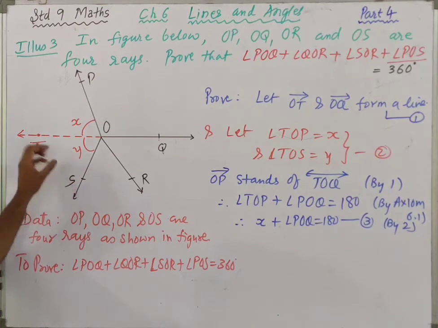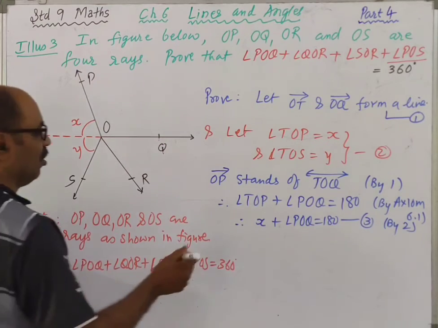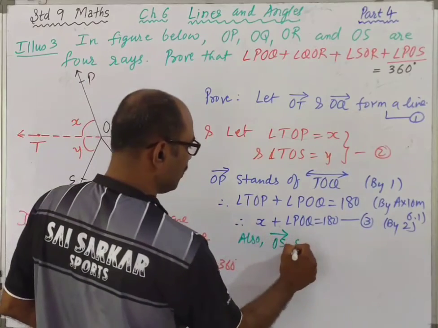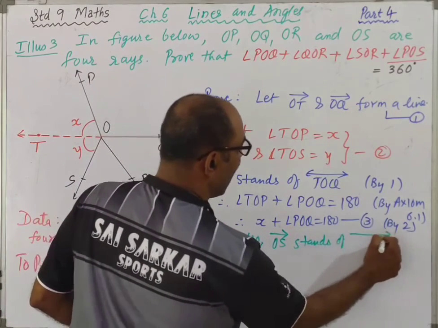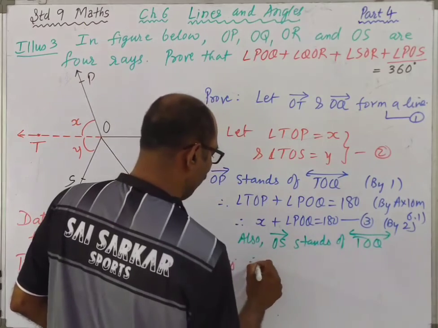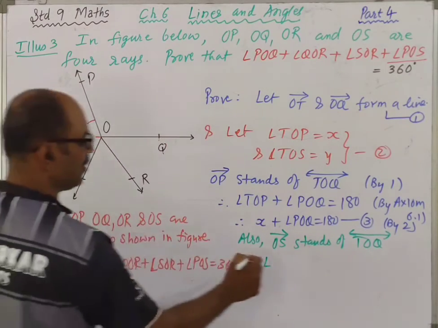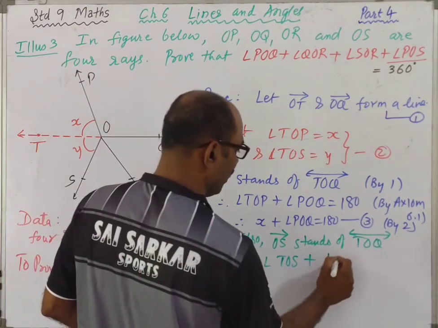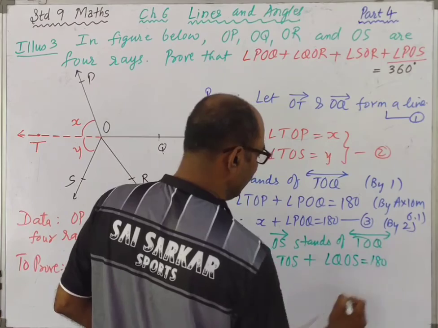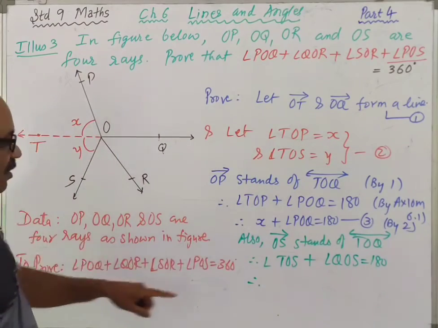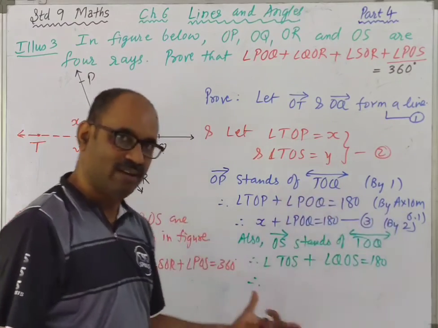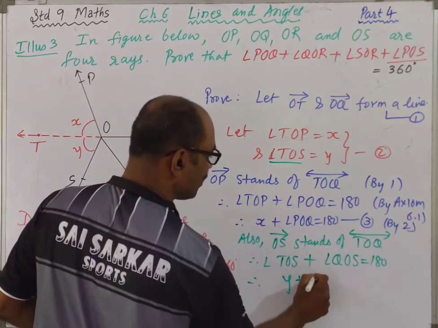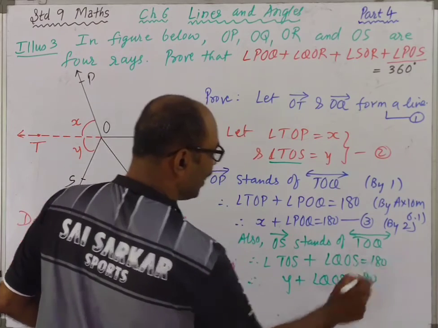I think you should choose this one, because you will get Y alone. So also ray OS stands on line TOQ. Therefore, angle TOS plus angle QOS is equal to 180. The reason is the same, Axiom 6.1, so no need to write it once again. Now TOS is Y. Therefore, Y plus angle QOS is equal to 180.